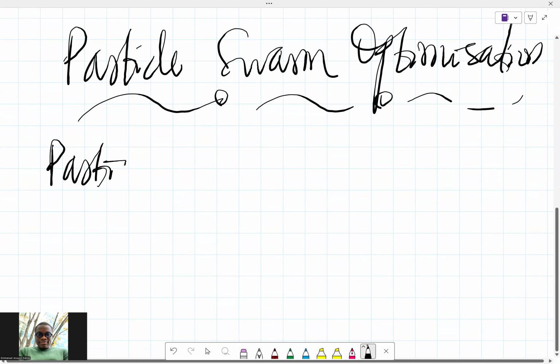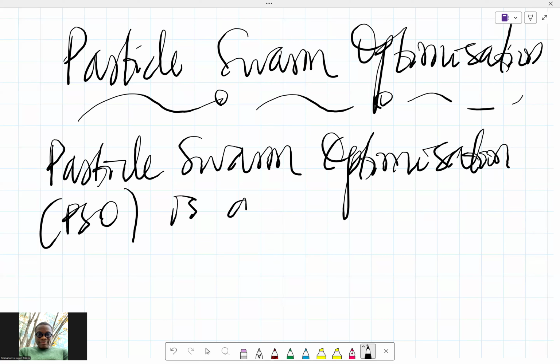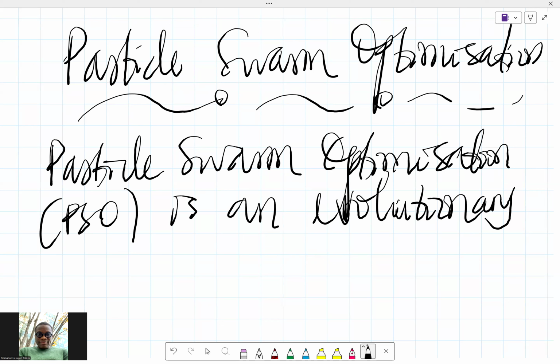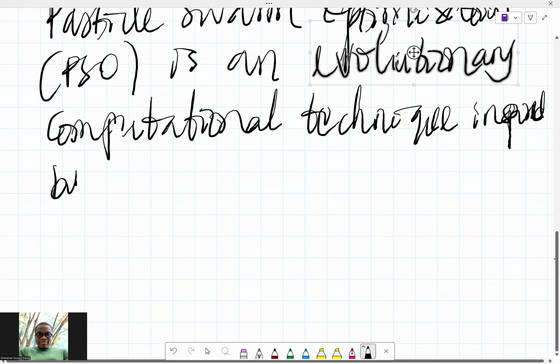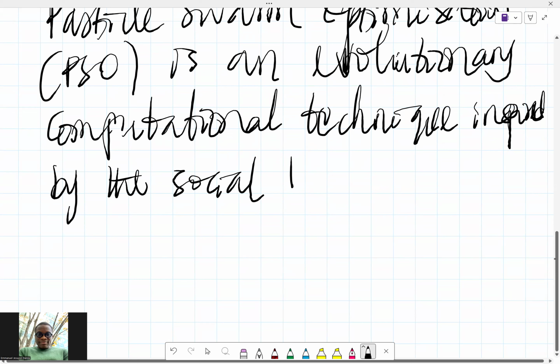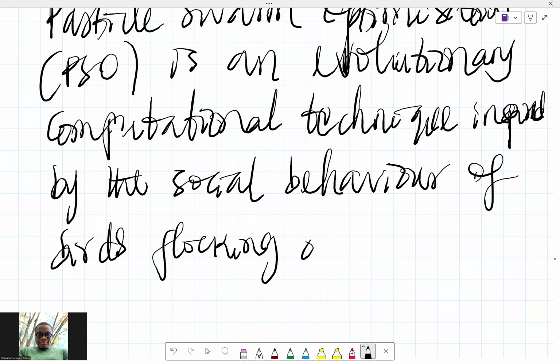Particle swarm optimization, PSO for short, is an evolutionary computational technique inspired by the social behavior of birds flocking or fish schooling.